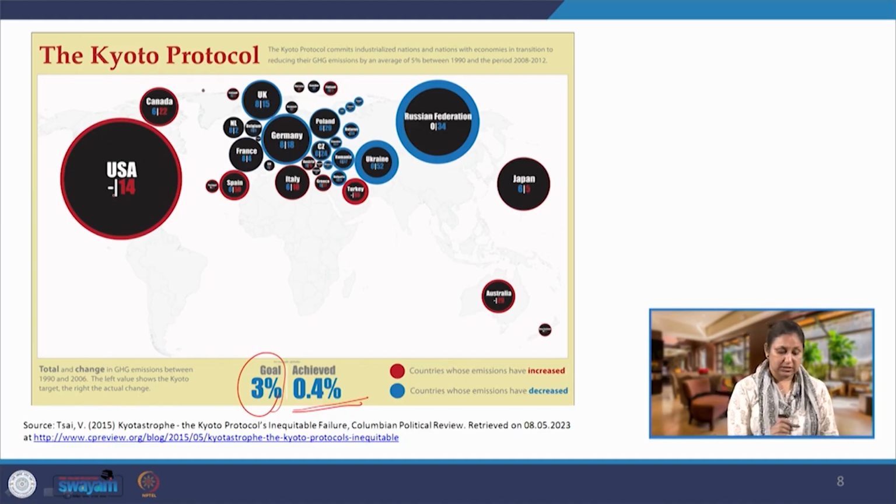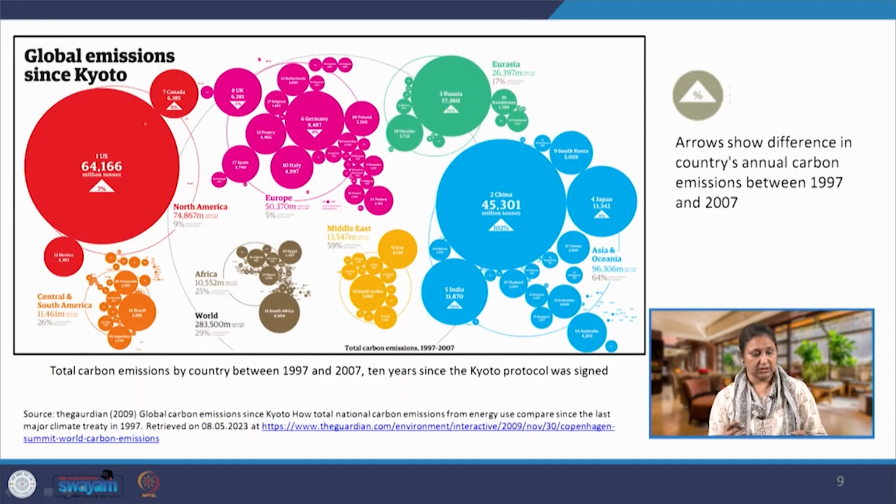So, this is showing what was the target which was set and what has been achieved. The target for example was 14%, but none has been achieved. For example, in case of Canada, 22% reduction was the target, and only 6% reduction has been achieved. Some countries have done really well and some others have not done as well, but overall we are far from achieving the target.